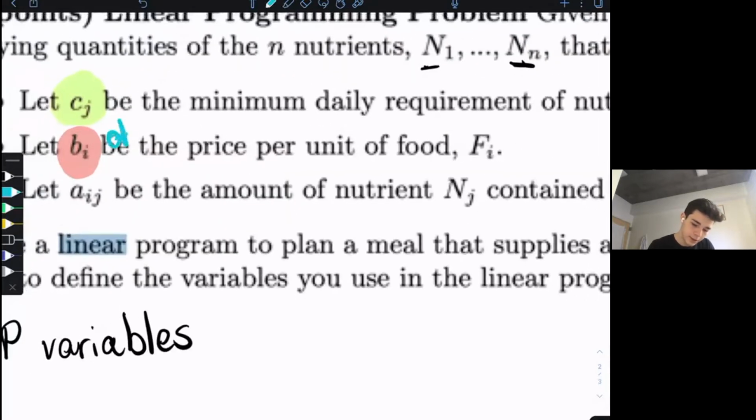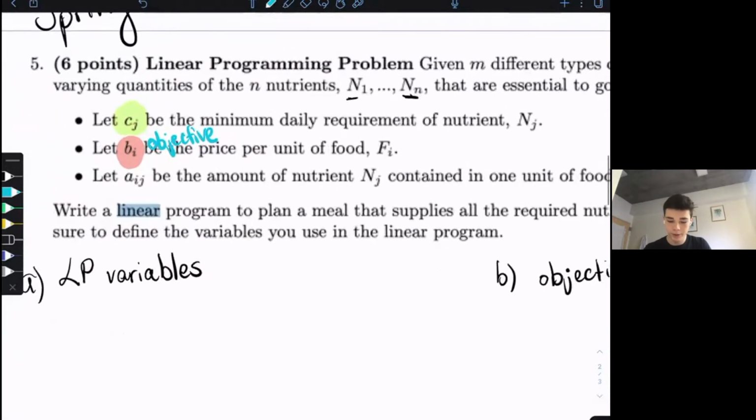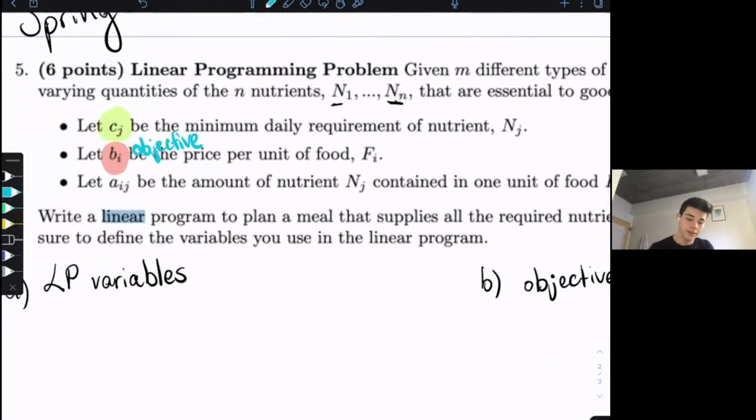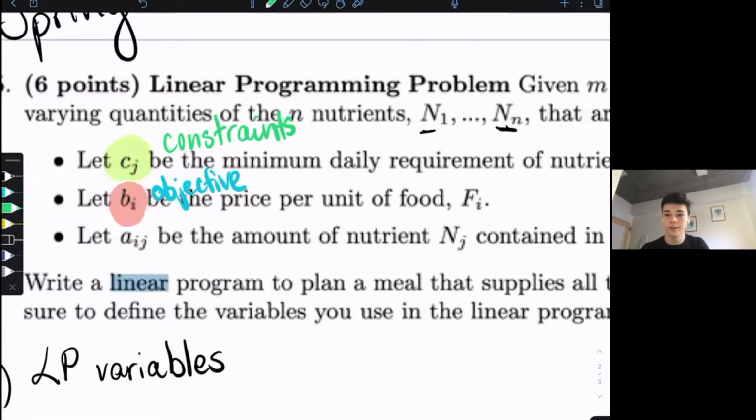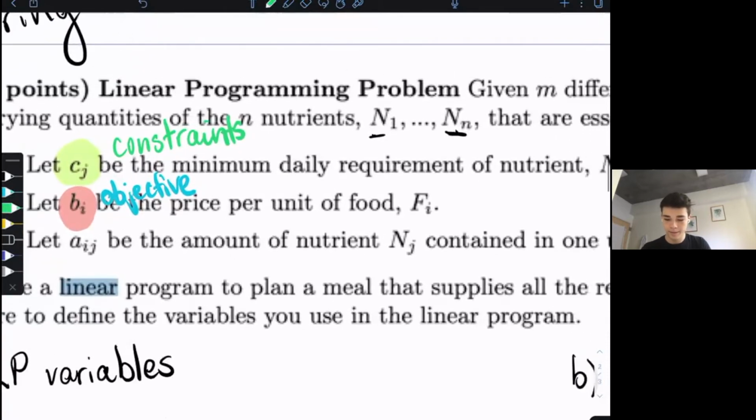We'll mark it objective. And Cj is the minimum daily requirement. So naturally, that'll be the constraint, since you need to meet the requirement, but as long as you met the requirement, you don't care about having more of these nutrients.